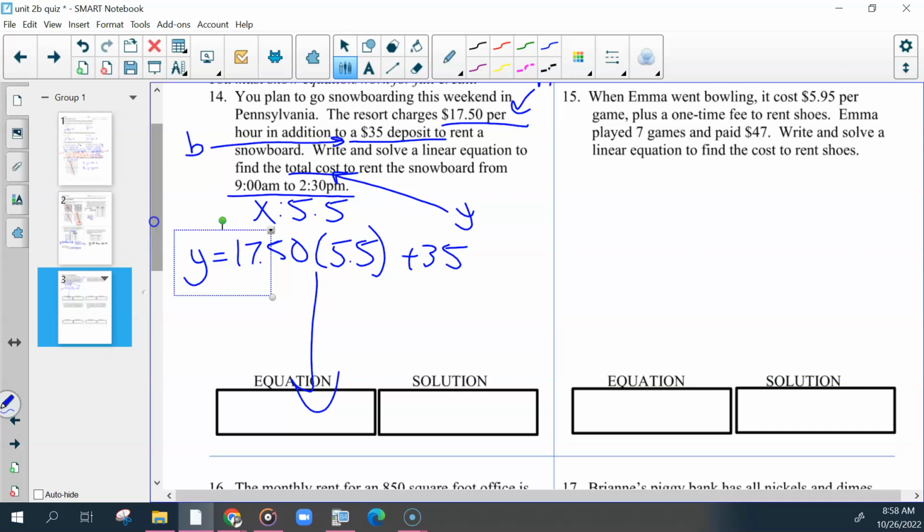This one I didn't give you an extra point for solving because you could have put all of this in the calculator at the same time. And then making sure you have your label for your solution, 131.25 was that final answer. Do you have any questions on that one?